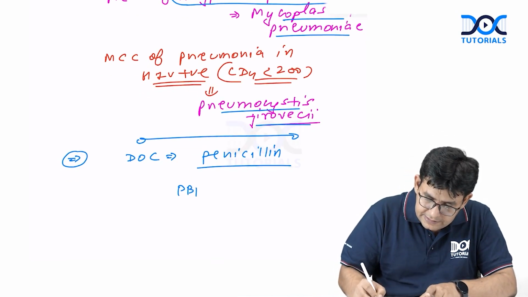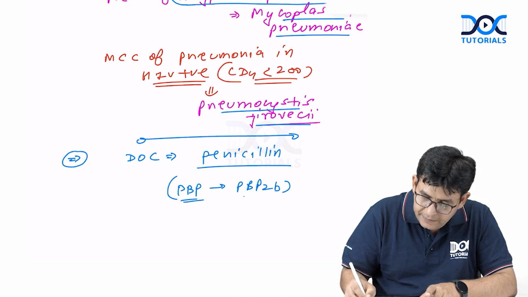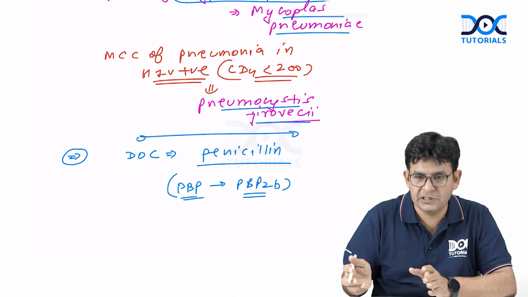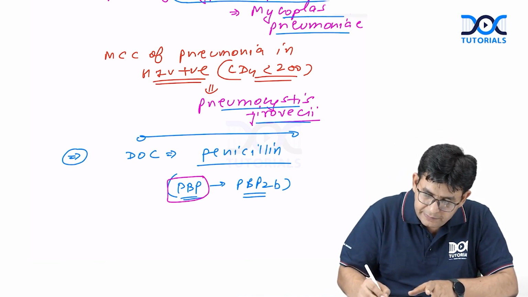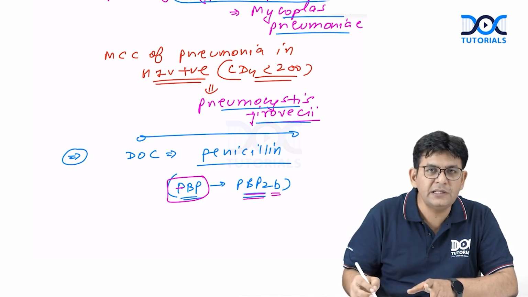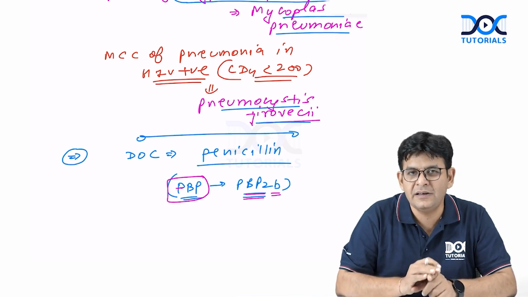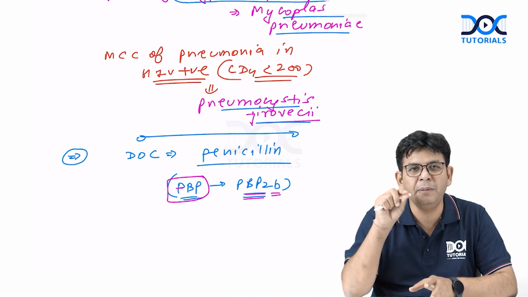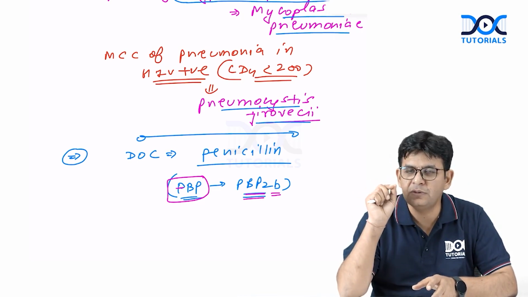In this, a mechanism gets into action: PBP changes to PBP2B, because of which resistance is increasing against penicillin in pneumococcus. That also you need to remember.